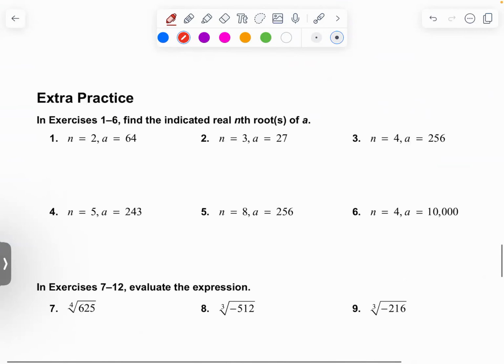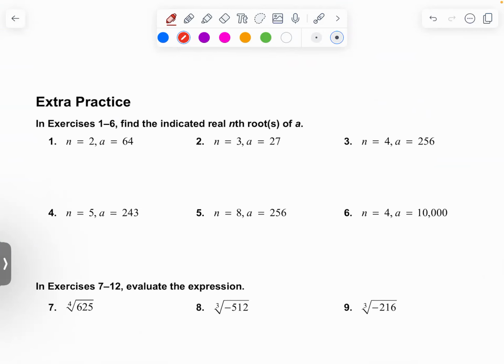I want you and your elbow partner to do number 1, 2, and 3 together.